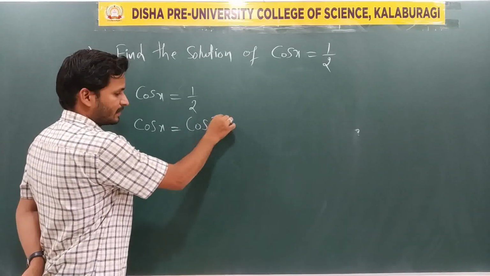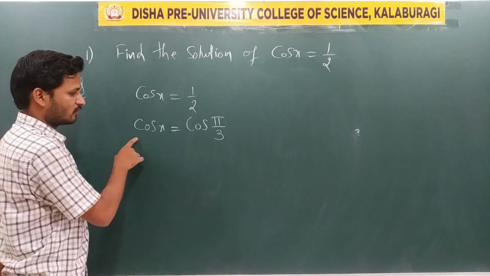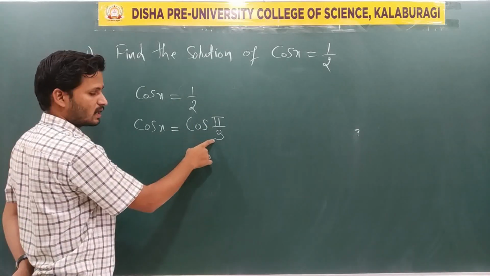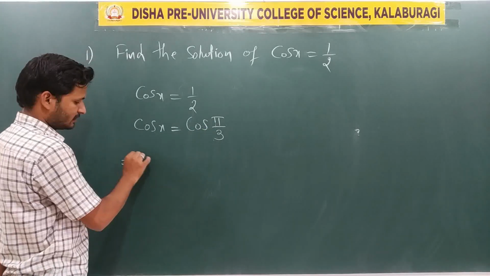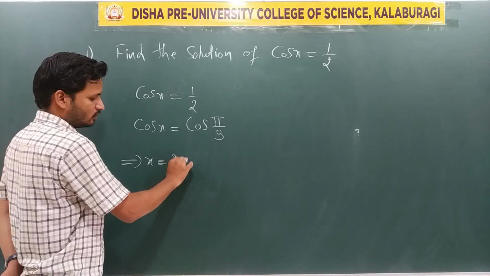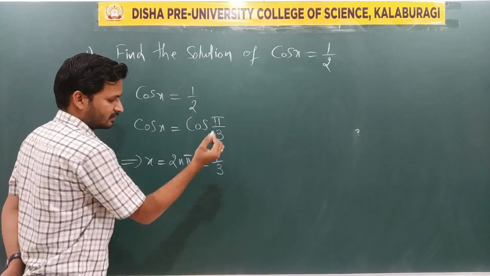So cos of pi by 3. Now this is of the form cos x is equal to cos y. If cos x is equal to cos y, then x is equal to 2n pi plus or minus y. Here y is pi by 3.